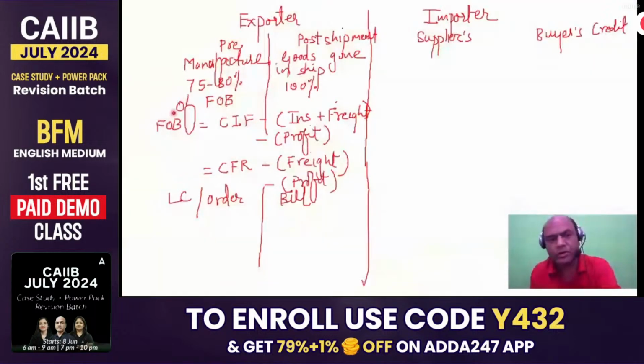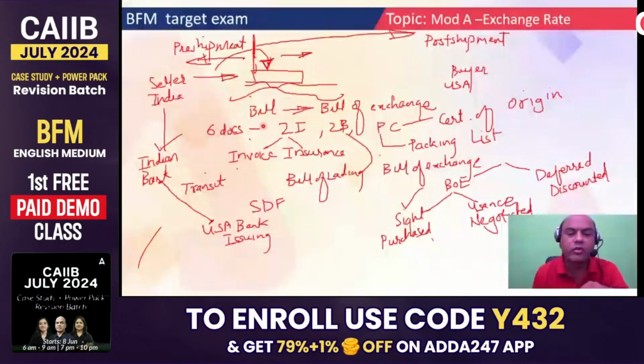Okay, let me go back to the earlier part. What were the 6 documents? 2I, 2B, PC, right? These documents are submitted by the exporter to the bank. See this, it's like this. In every import and export, there is a seller and a buyer, called the exporter and the importer.